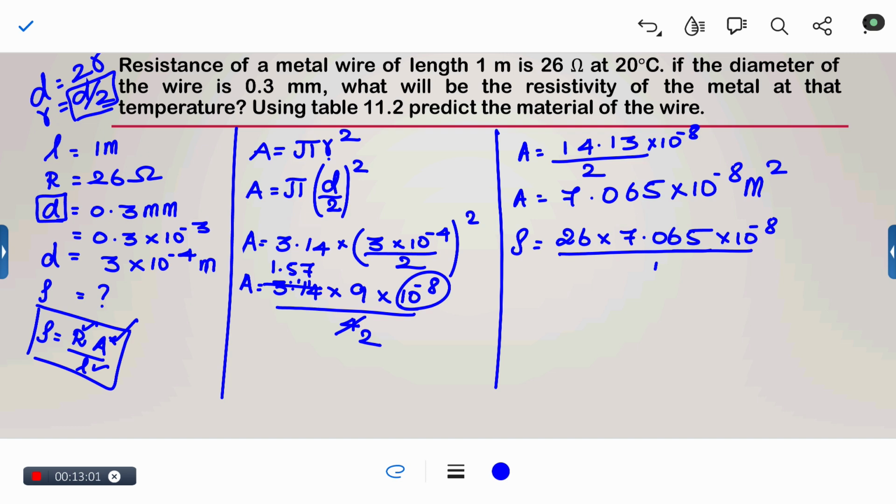So the numerator is 26 into 7.065 into 10 to the power of minus 8. Multiply the two numbers: 7065 into 18... I think it's wrong.